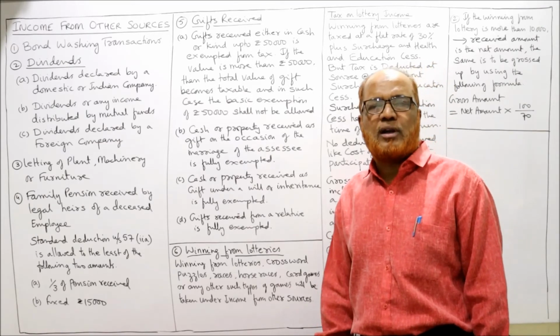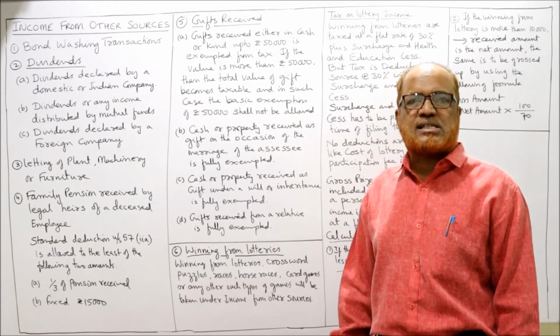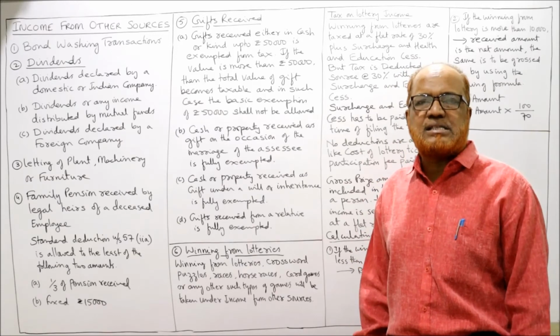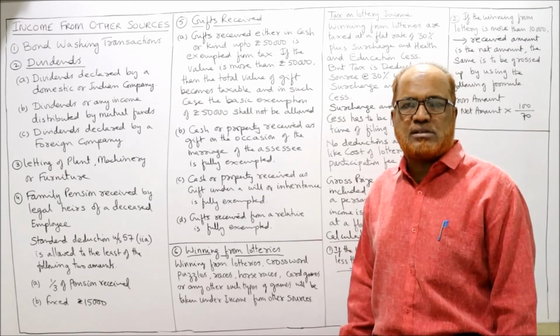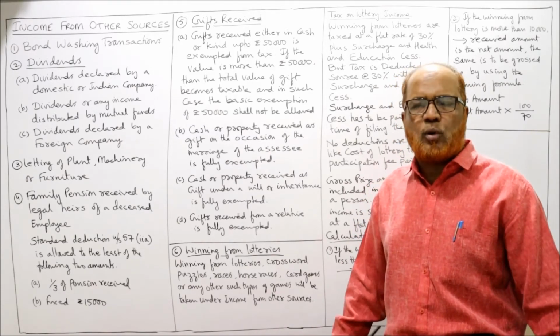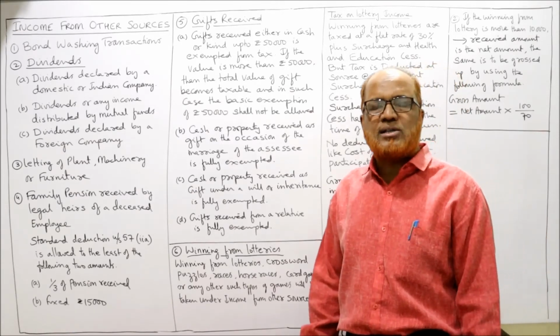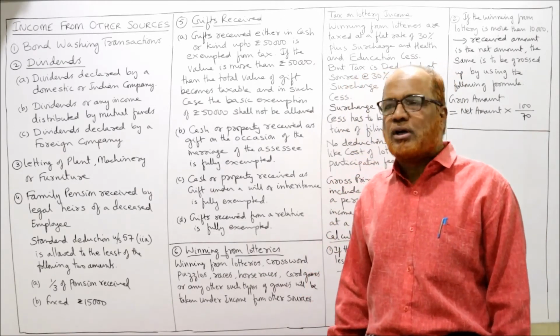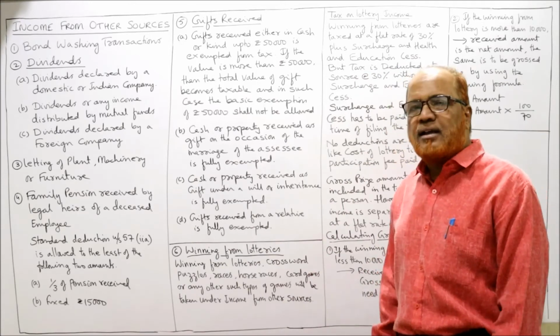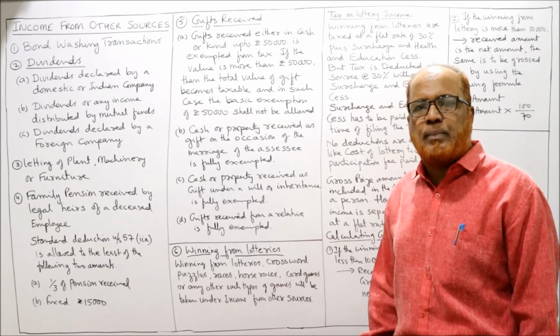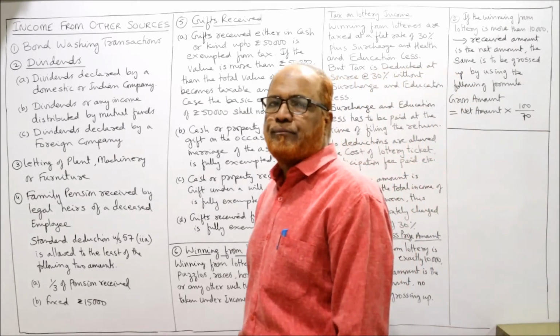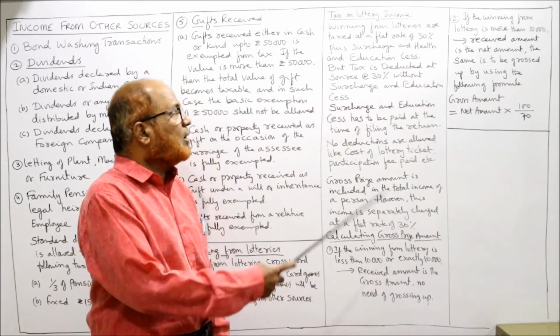Apart from winning from lottery, there are races, horse races, card games, puzzles, or any other television programs on which by luck and chance a person may receive some amount. These are called casual incomes, and casual incomes are taxable under the head income from other sources. So what are the provisions?